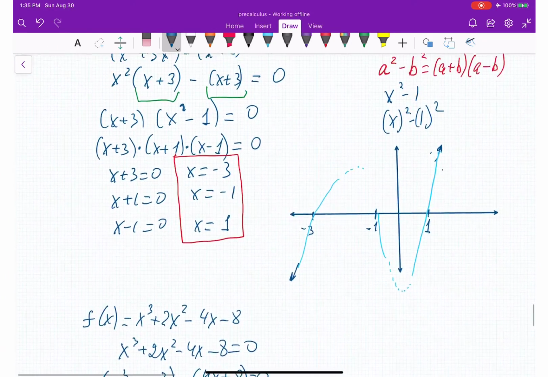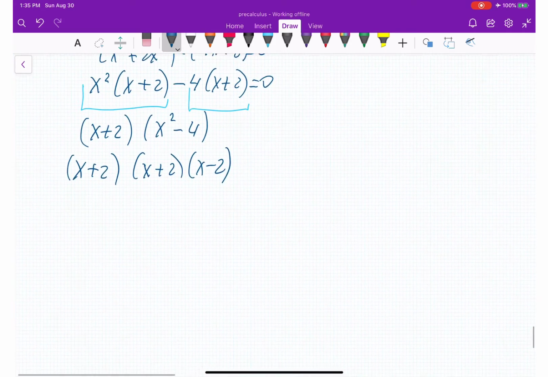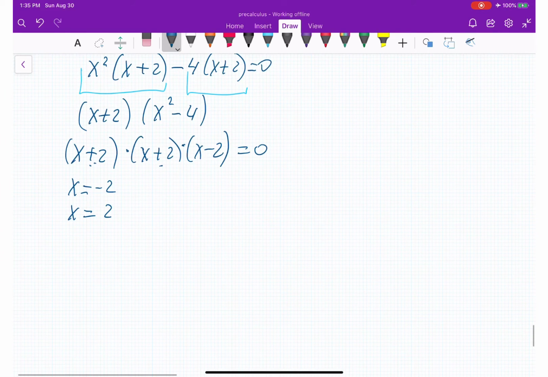Similar to what we did, broke down, because it's 4. Equals 0. That means since we have three parentheses, multiplication, either x is equal negative 2 or x is equal positive 2. Since this is identical, so only one zero point. Those are my zero points.